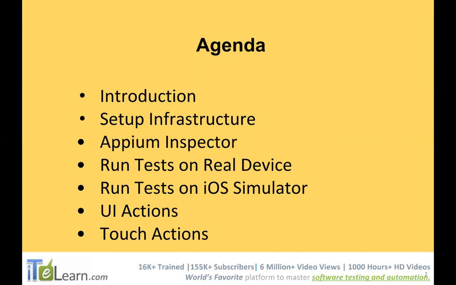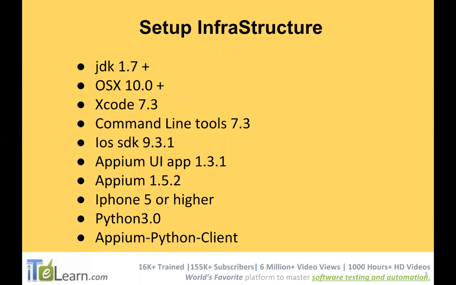So to start with, in this course, mostly I would show you how to set up the softwares which are required as part of test automation framework for APM on the Mac OS.